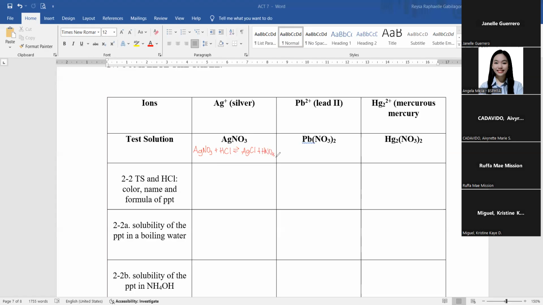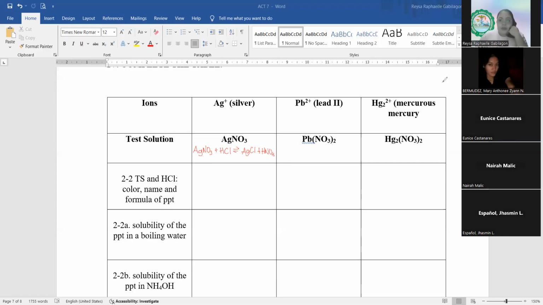This is the equation. Write it below, in 2-2, I think. This one is already balanced. Among the two products, our precipitate is the silver chloride. So put it here.